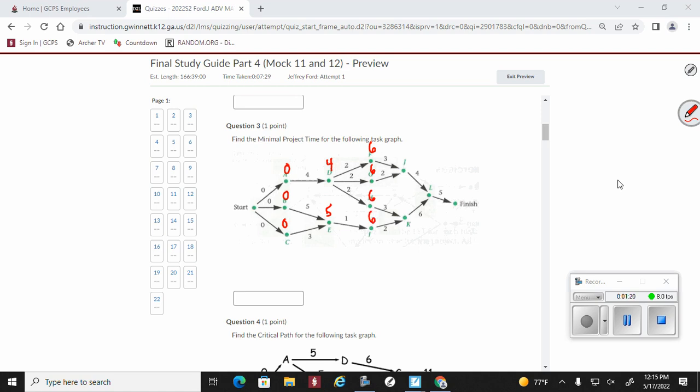I would be 6. J is another merge. You take the largest total. 6 and 2, that's 8, or 6 and 3, that's 9. We always take the largest, which is 9. Same thing for K, which would be 9. That would be 15. That would be 20. So minimum project time is 20.